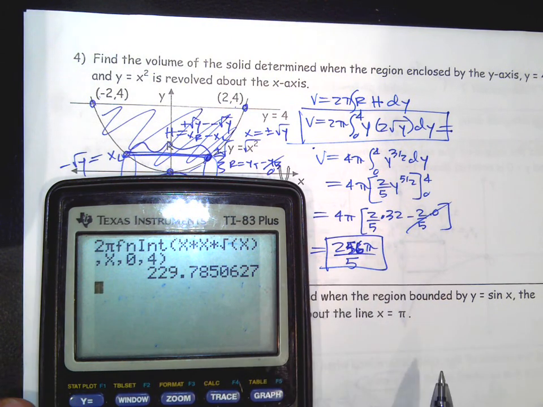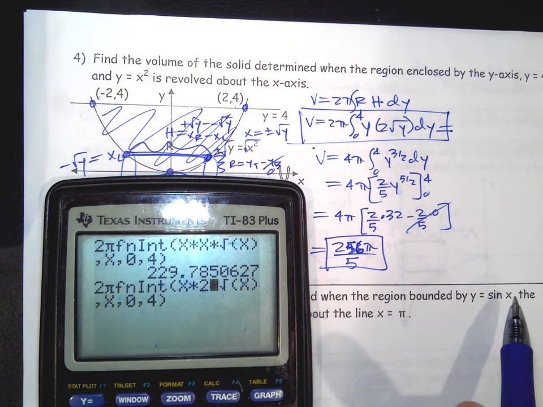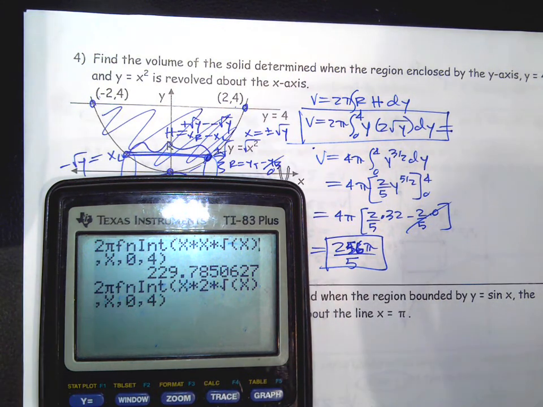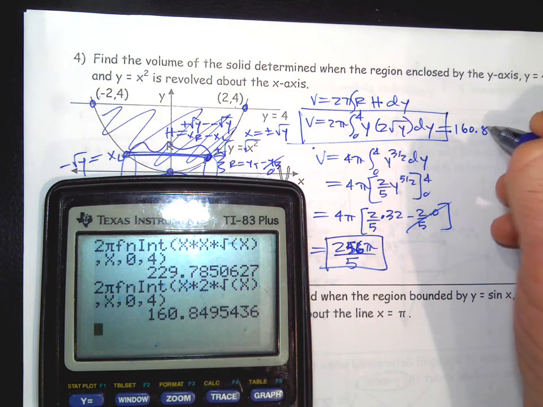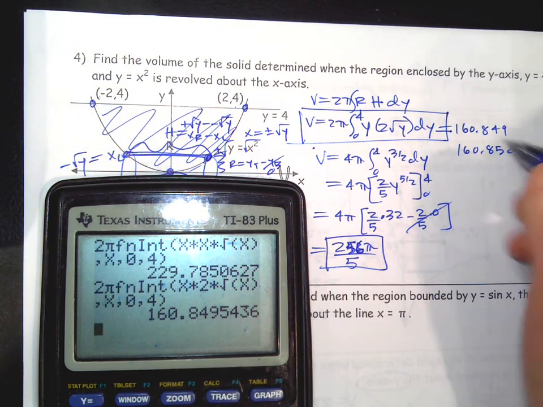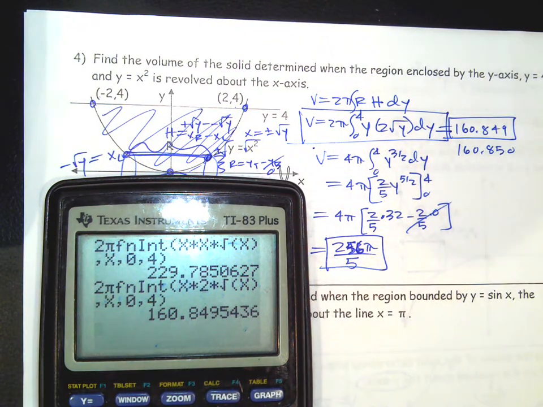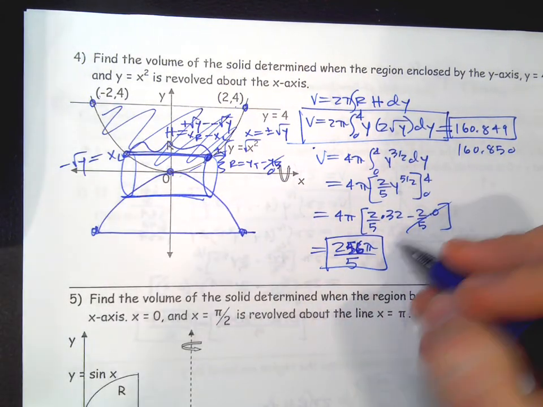Oh, I put an x where I should have put a 2. Okay, let's try that. 160.849 or 160.850, 3 decimal accuracy, rounded, truncated, and 256 pi divided by 5. Same answer. Good to go.